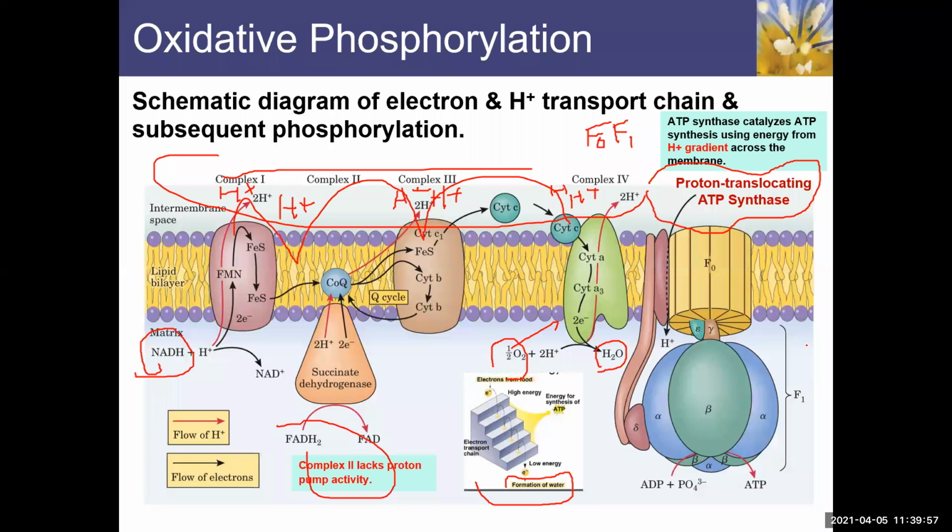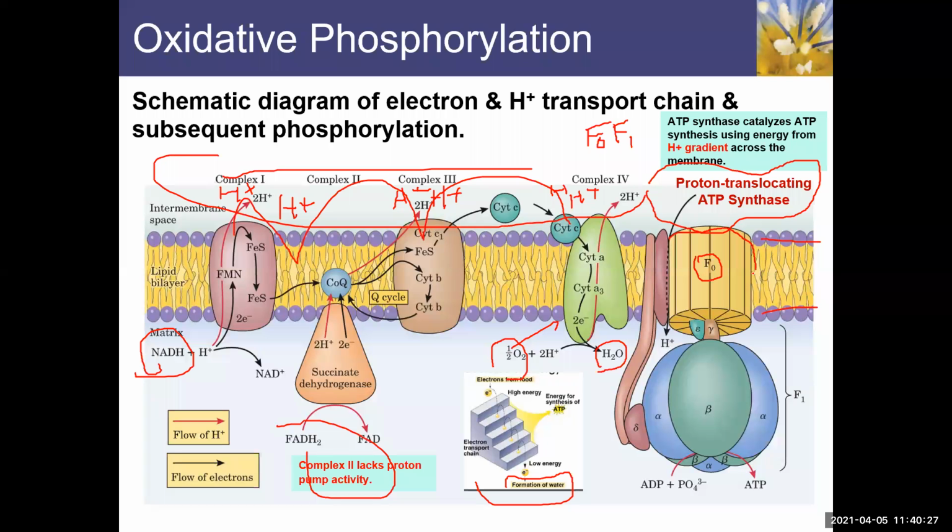Now if you see this ATPase enzyme, it has one subunit which is called the F0 subunit. This subunit is present within the inner mitochondrial membrane. This is my inner mitochondrial membrane, right? And F0 is present within the membrane. It also has an extra membrane domain.